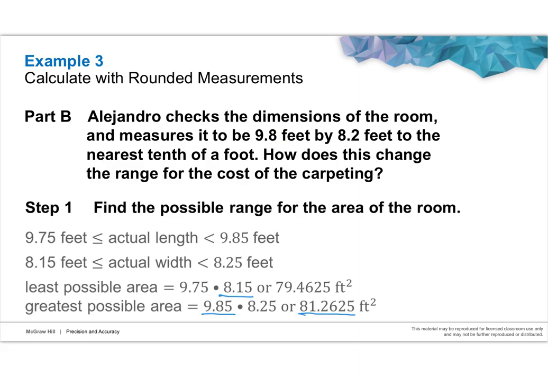So hopefully you can see, remember that digit of 5 or more. So 9.75 or more would round up to 9.8, and that digit of 4 or less would round down to 9.8. And then again, the same idea of that range of values for the 8.2 measurement.